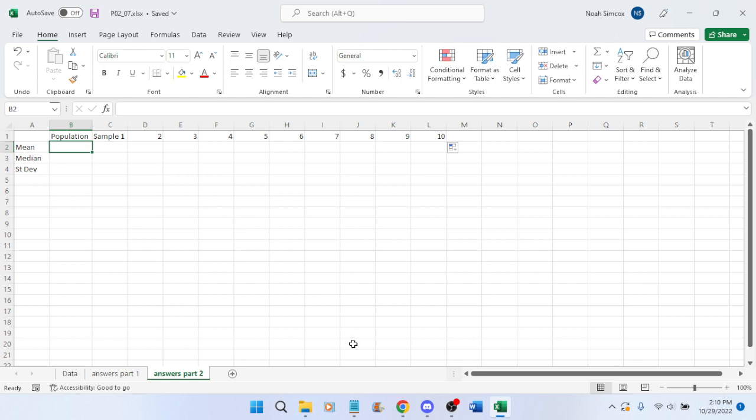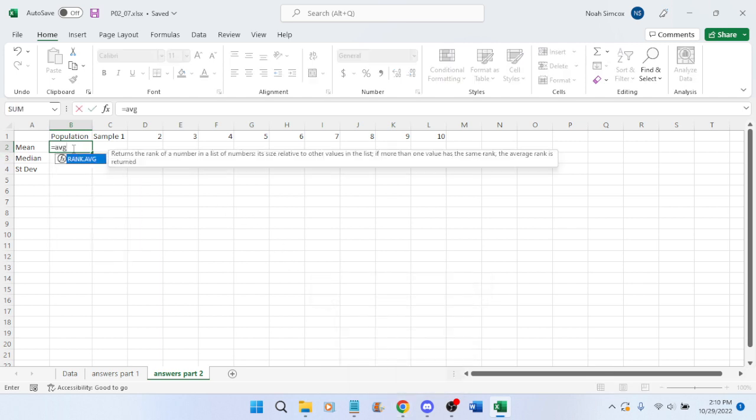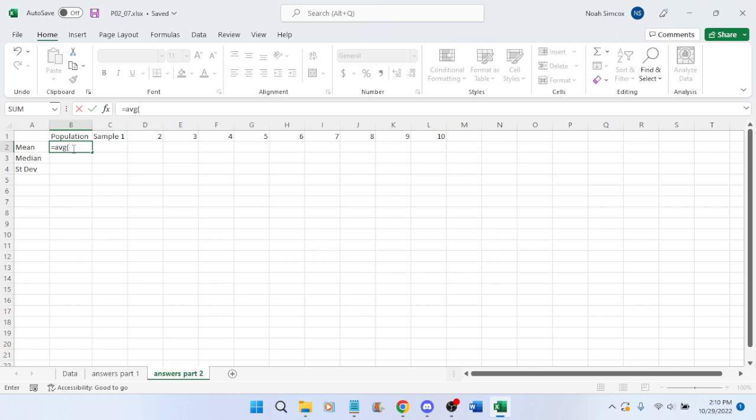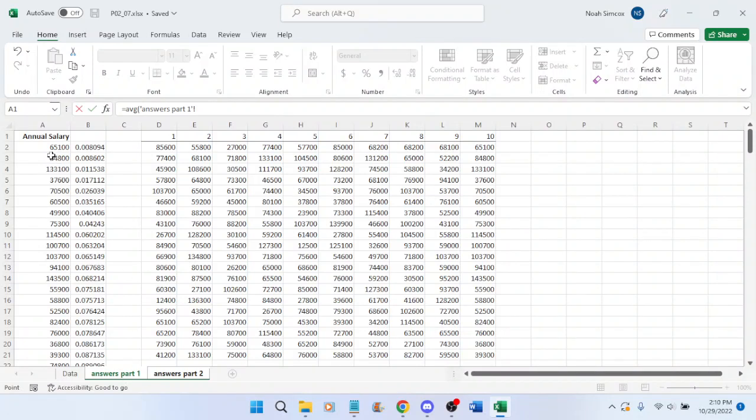So what is the mean of the population? It's going to equal average of all these.